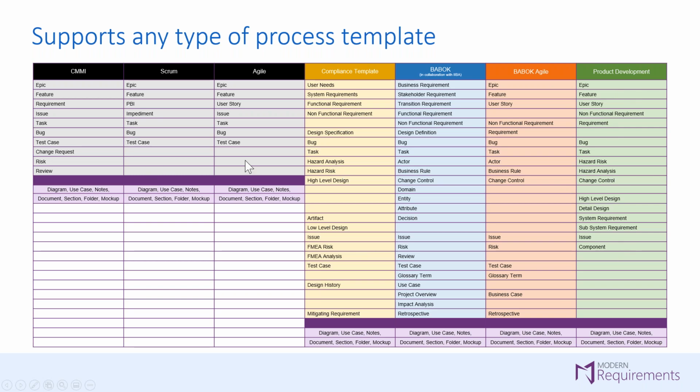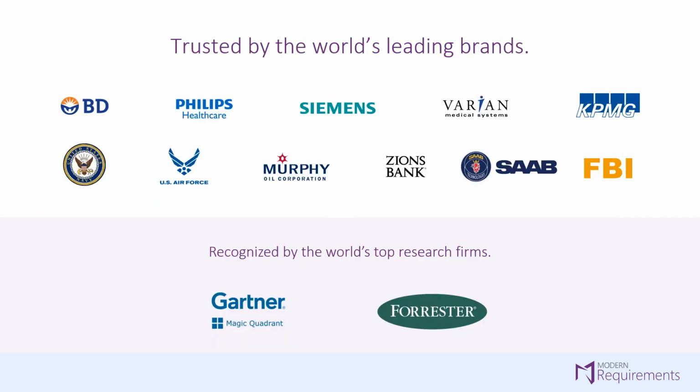Now, of course, these process templates are simply starting points, but you can morph them to your needs. So you can define your own work item types and your own requirements hierarchy, your own workflows, and so on and so forth. But what you'll find is that, depending on who you are, you need different types of process templates, and you need different tooling.